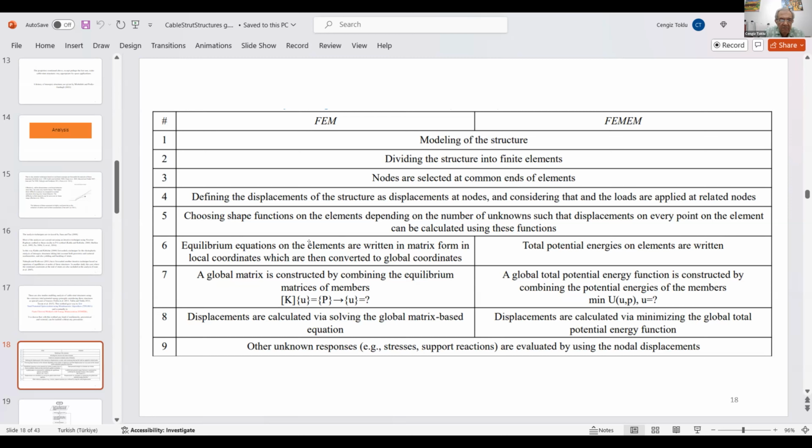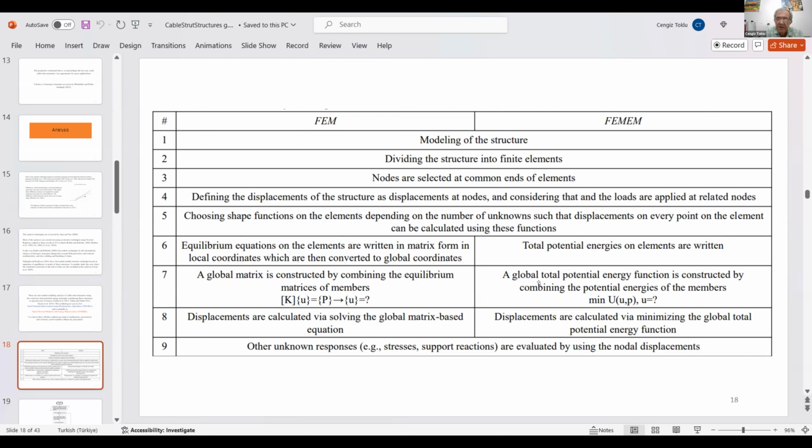On the left, we combine the equilibrium equations of finite elements into the total system, so that we obtain a matrix equation in which a large stiffness matrix multiplied by deflections is equal to the force.